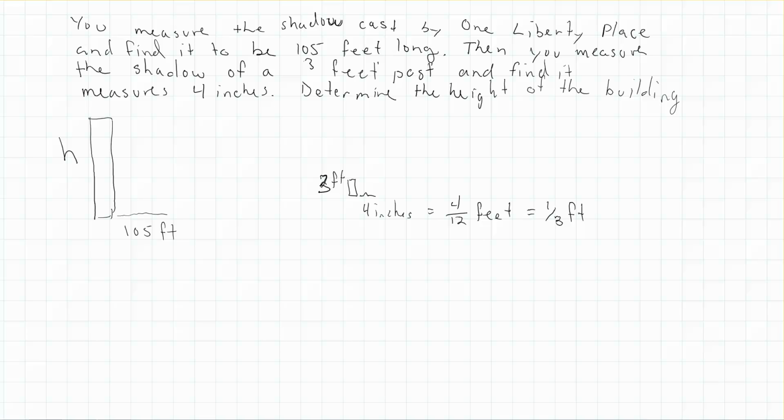Alright, now when we say these are in proportion, it means that if we take the ratio of these terms here, they'll be equal to each other. And what do I mean by take the ratio of the terms?